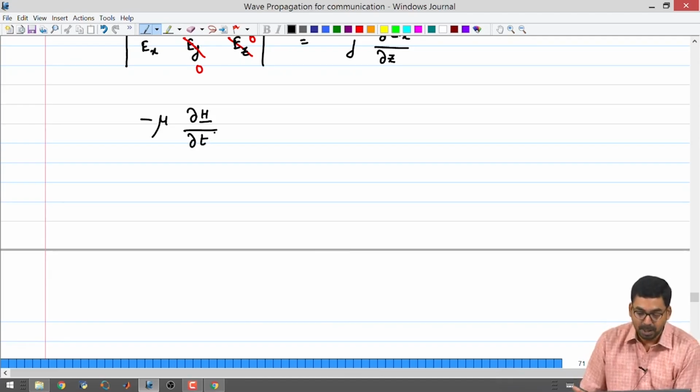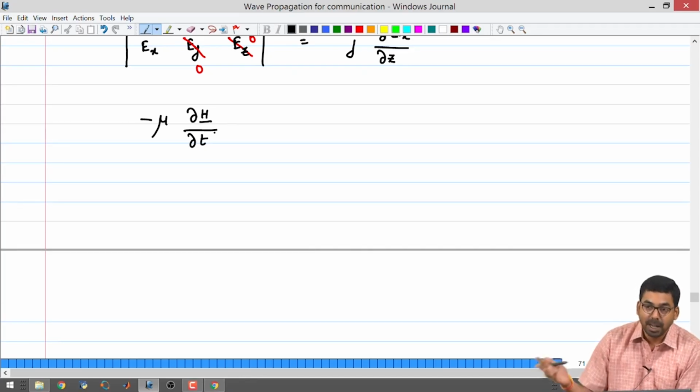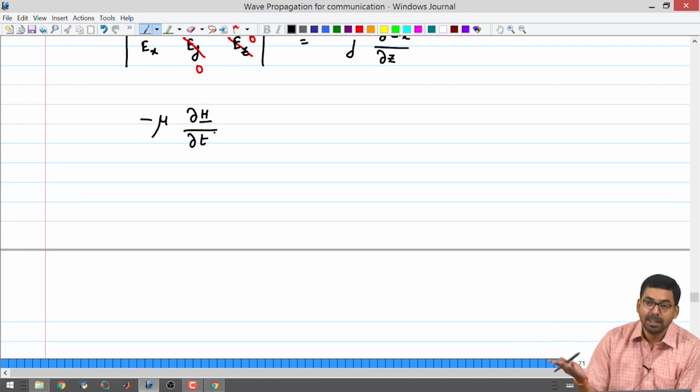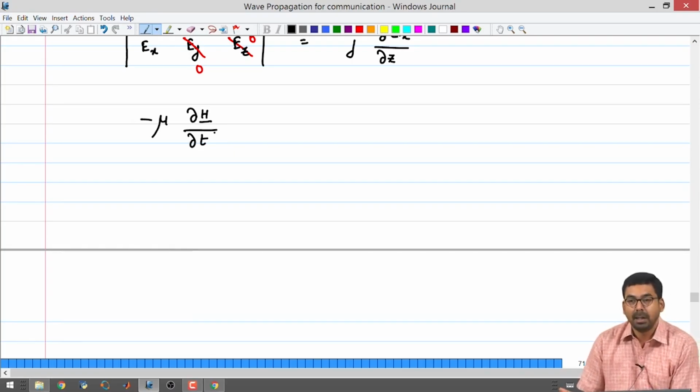The only thing that can have any vector property is the magnetic field itself. That means dou H by dou t should have a j component. For the equation to have equality, the same directions must be pointing, which means that the magnetic field can only have a y component.